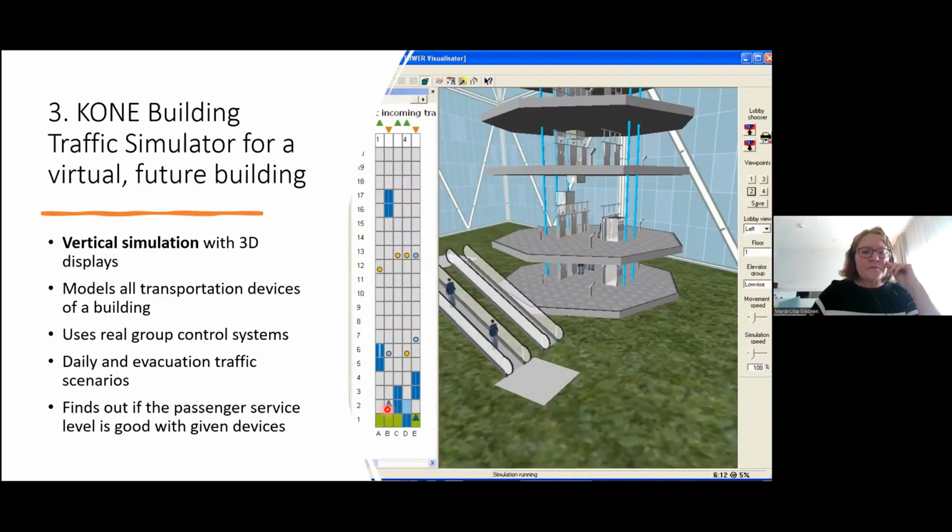And there we feed the traffic into the building, not only to the elevator group, but the whole building, and see how well the given transportation devices can handle the traffic. Also, we can use it in evacuation studies to find out how fast the building can be evacuated.